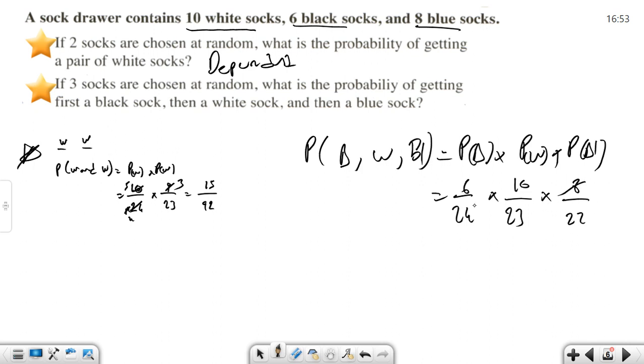When you simplify, 3 times 24 becomes 2, and with 11 that will be 1. So 10 over 253, because 11 times 23 is 253.